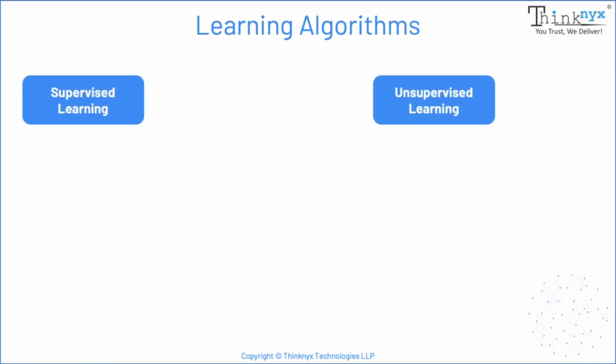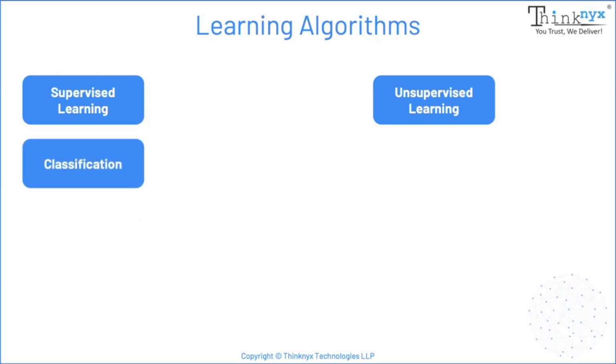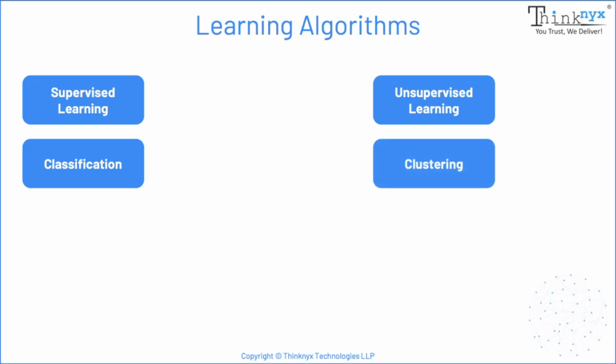Now, based on that, in supervised learning there are two major learning algorithms involved. Those are very good terms to understand. One is called classification and one is called regression. I'm just specifying classification here. Regression will be next. Likewise, when you talk about unsupervised learning, there will be something called clustering.